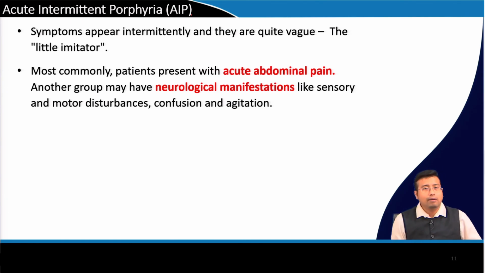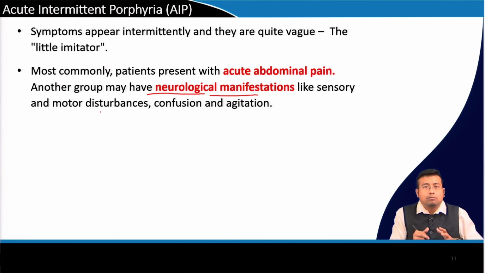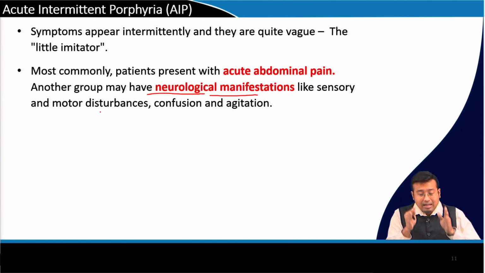Apart from abdominal pain, there might be another group of patients that will present with neurological manifestations, for example motor disturbances, confusion, agitation. You already know the neurological signs from the previous amino acid metabolism disorders, but since these are not strictly speaking amino acidurias that affect brain development, mental retardation is not a phenomenon in these types of inherited disorders.